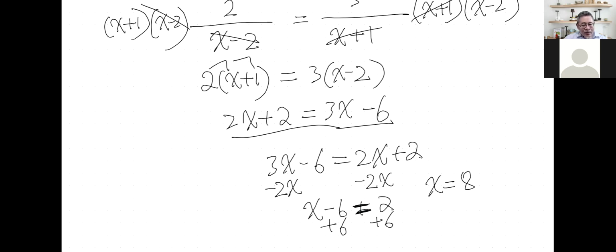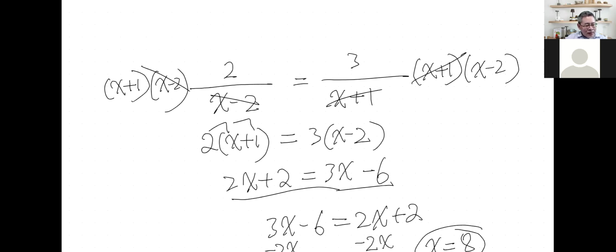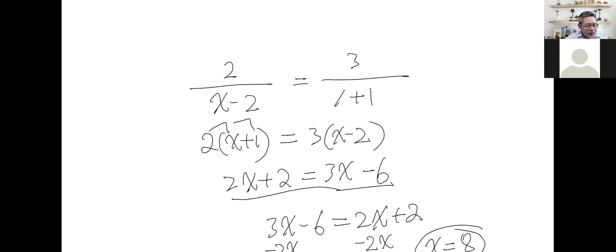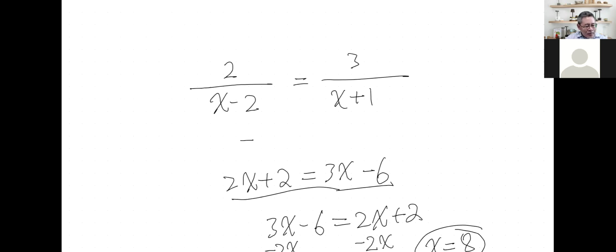Now we got that, then we have to go back to check. Let's see if that's correct. So back to the original equation, which is this. Now our left-hand side becomes 2 over 8 minus 2.